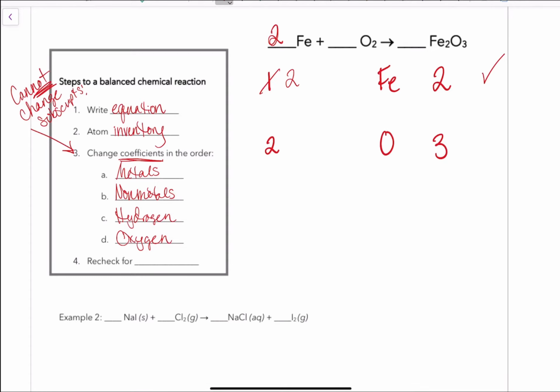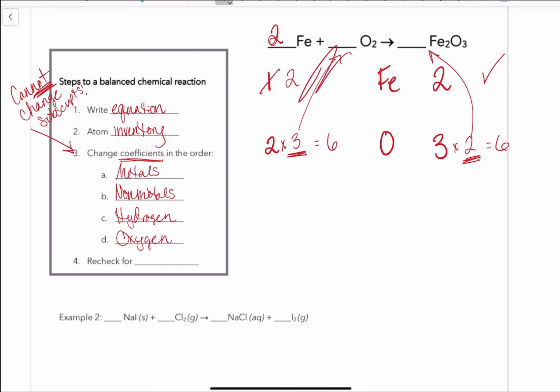So what we have to do is figure out a number they can both go to become equal. So I could take 2 and multiply it by 3 and get 6. And I could take 3, multiply it by 2 and get 6. So whatever we need to multiply it by, that ends up as our coefficient.